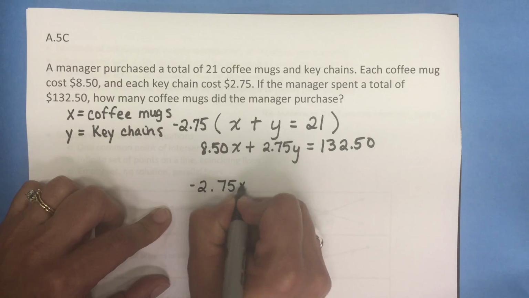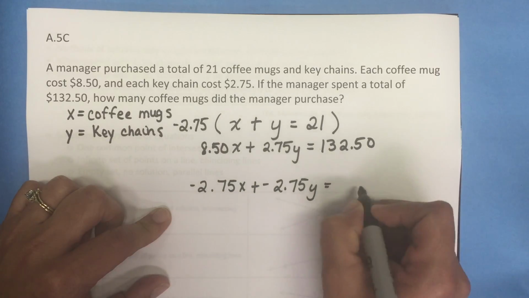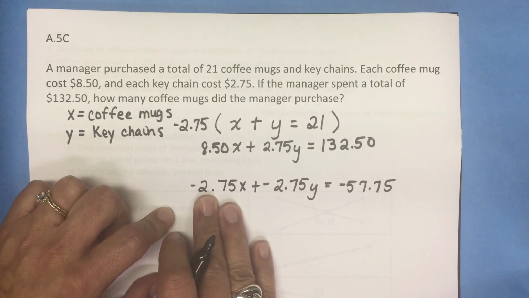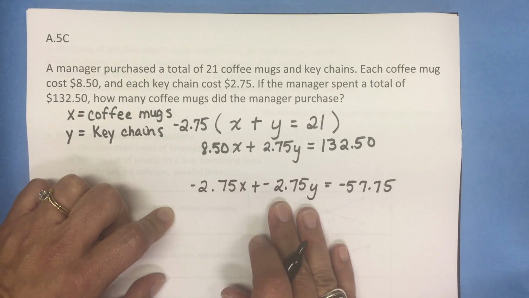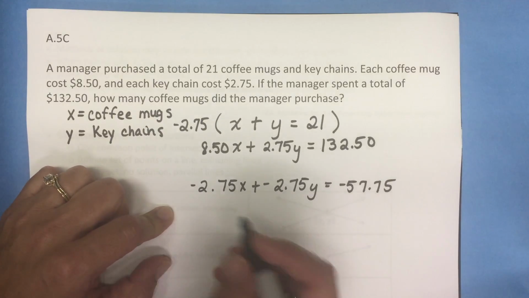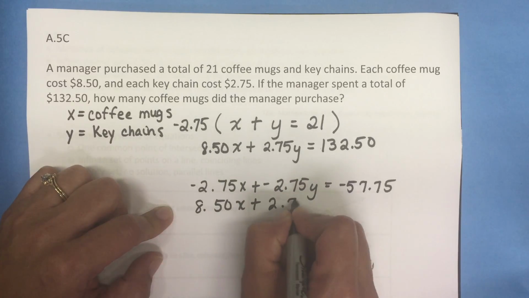When I do that, that will give me the equation negative 2.75x plus negative 2.75y equals negative 57.75. The second equation is going to stay the same.